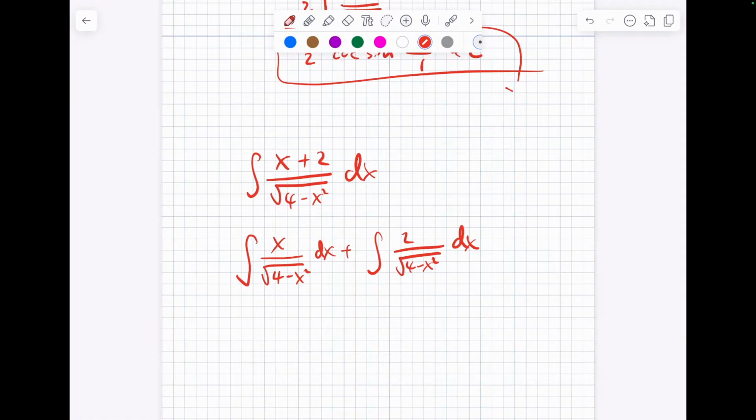Oh my God. Why did you say product rule? Somebody said product rule? There's no product rule or integral.